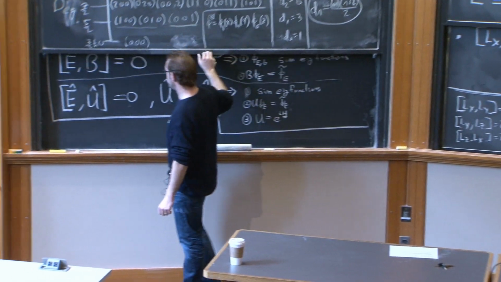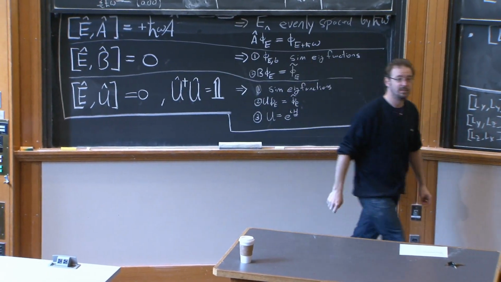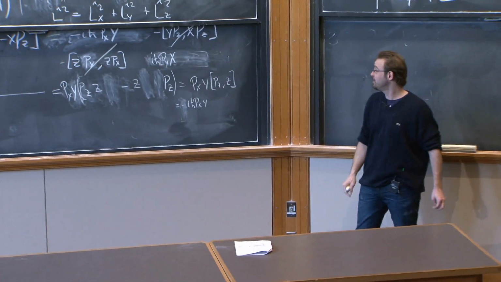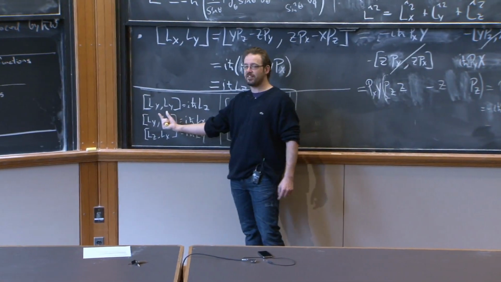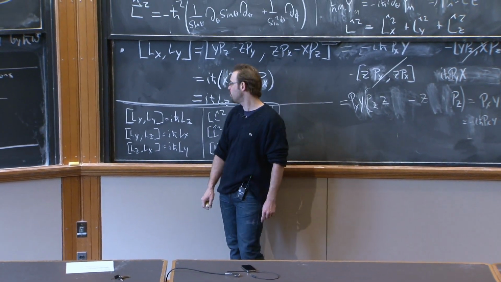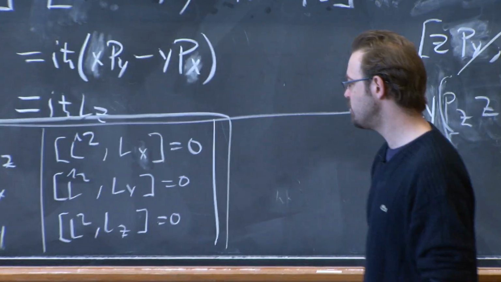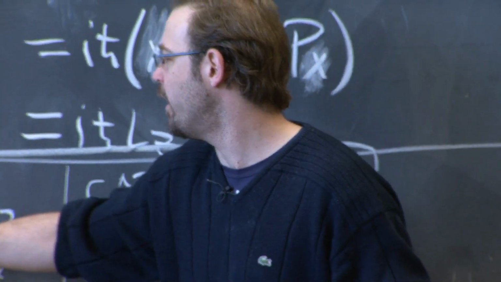We just learned something totally awesome about them. So can you find simultaneous eigenfunctions of Lx and Ly? Not so much. They don't commute to 0. What about Ly and Lz? Nope. Lz, Lx? Nope. So you cannot find simultaneous eigenfunctions of Lx and Ly.